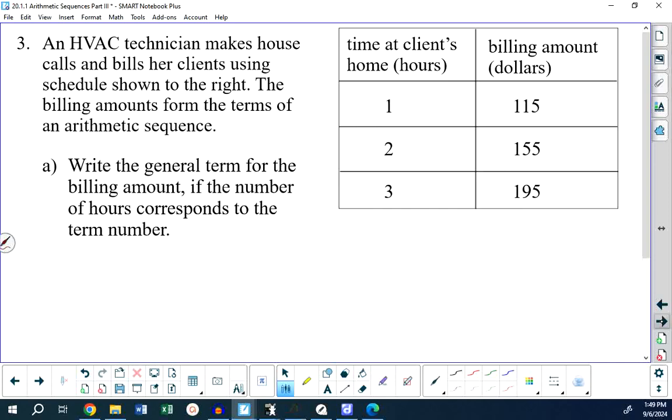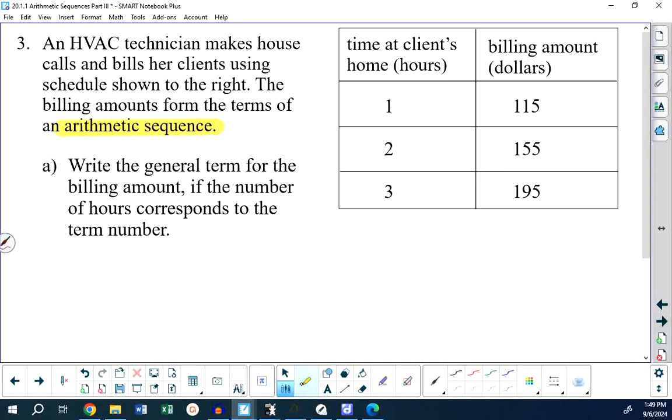Maybe with a little bit of just thinking, you can see that every additional hour she charges $40 more. But she doesn't charge $40 for the first hour. She charges more. Okay? Write a general term for the billing amount if the number of hours correspond to the term number. And it says in the question, this is an arithmetic sequence.